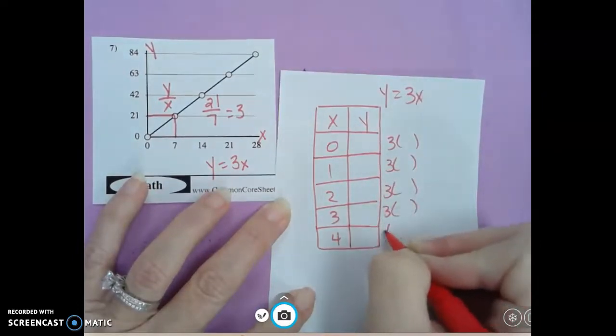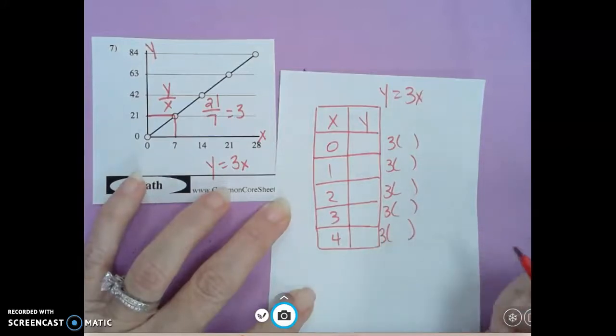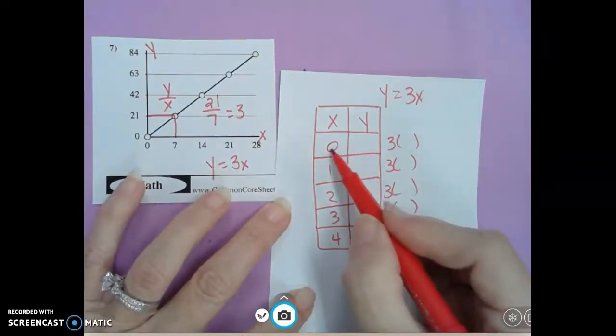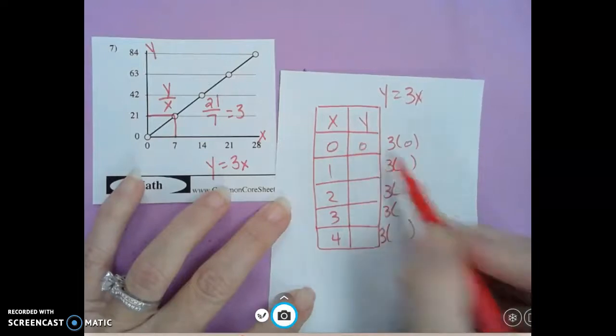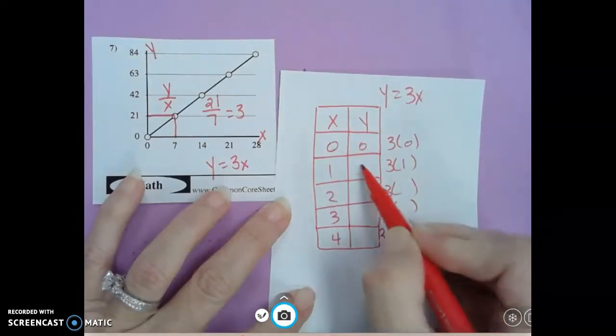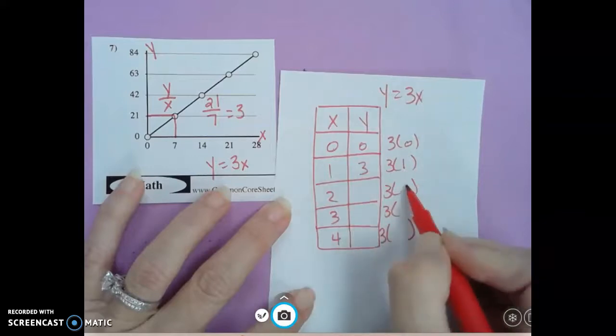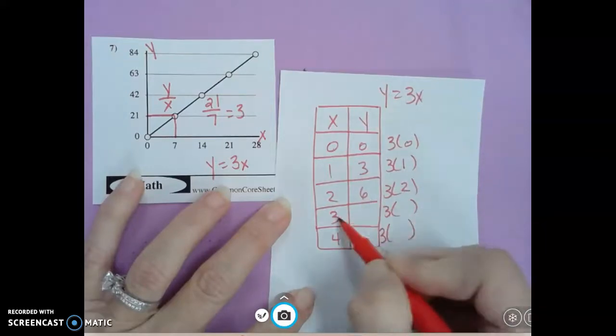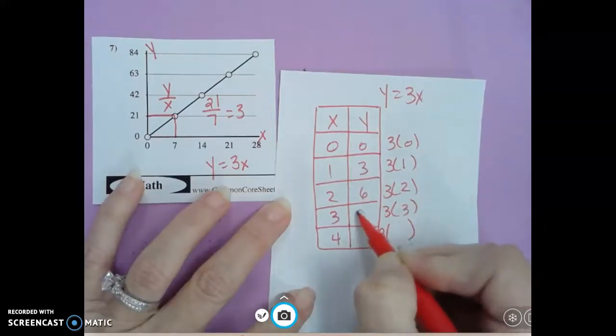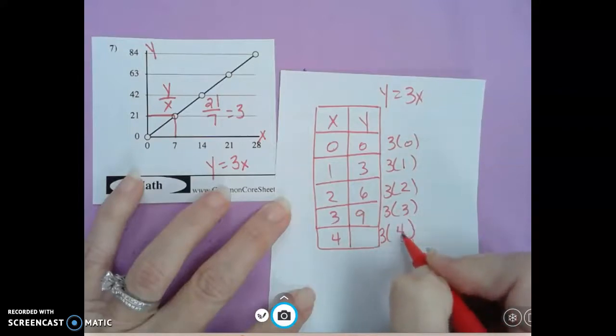Whoops, I forgot my 3 in that one. Sorry. So this one's going to be 3 times 0 is 0. 3 times 1 is 3. 3 times 2 is 6. 3 times 3 in this row. And 3 times 4 is 12.